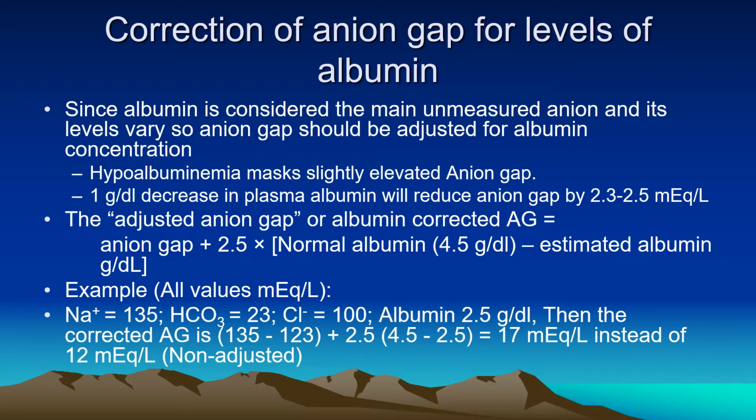An example: if sodium is 135, bicarbonate is 23, chloride is 100 milliequivalents per liter, and albumin is 2.5 grams only, so it is a case of hypoalbuminemia.